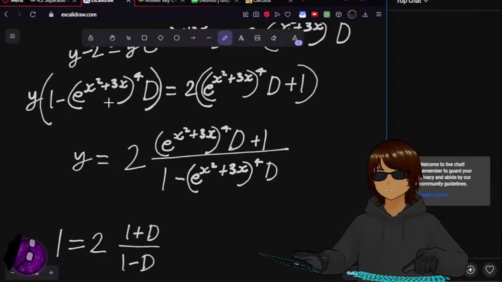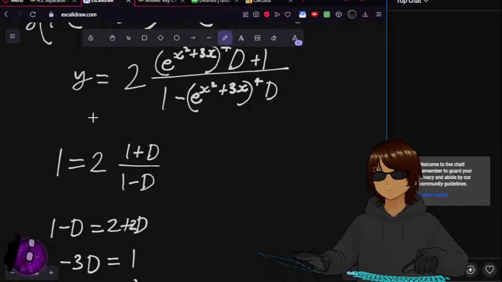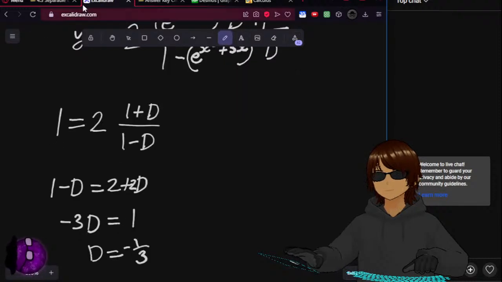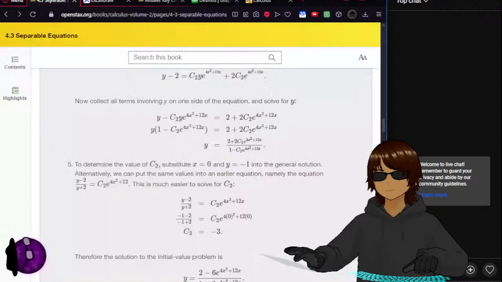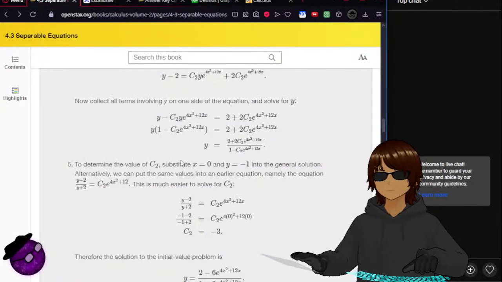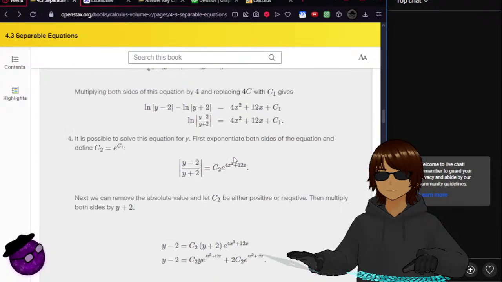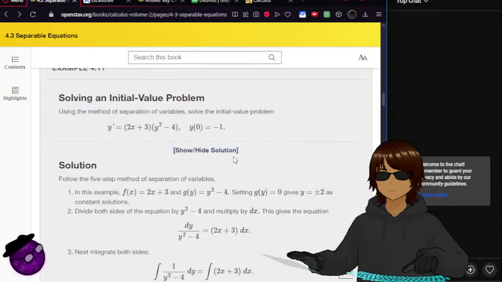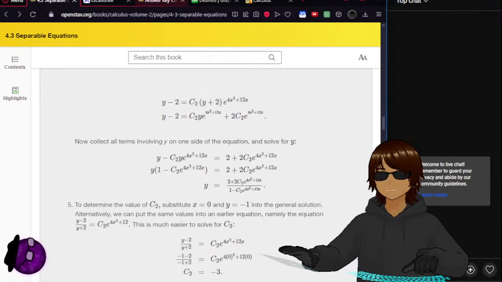Okay, I need to understand why I'm getting this. So 1 is equal to 2 plus 2c2, e to the power of 0 is 1. Oh, it's negative 1.